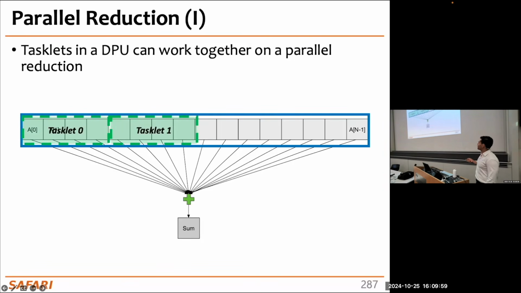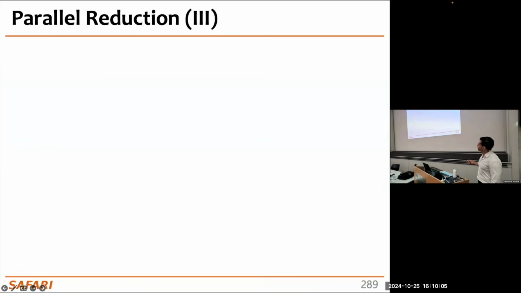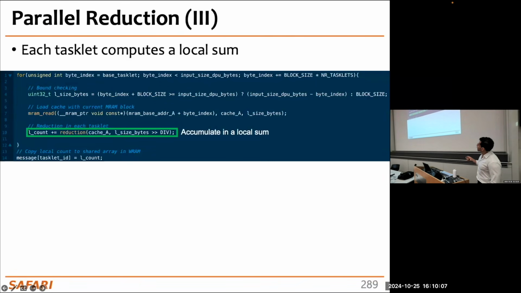So how do you do that? You divide the data among the different tasklets. You compute a local sum, but at some point you need to have one single tasklet computing the final sum.